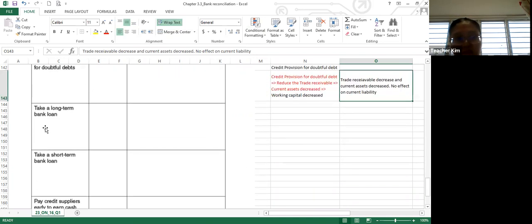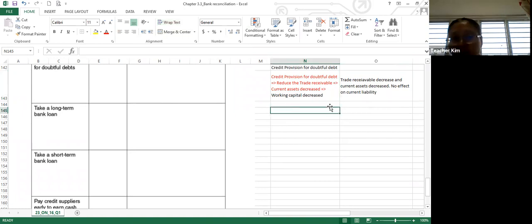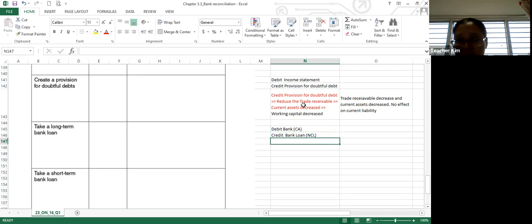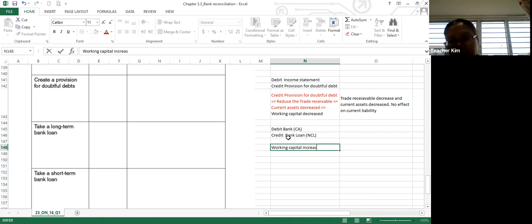Okay. Number three, take a long-term bank loan. So the double entry that we have is debit bank, credit bank loan. And this bank loan is a non-current liability, whereas this bank is a current asset. So debit bank increases, so this working capital will increase.